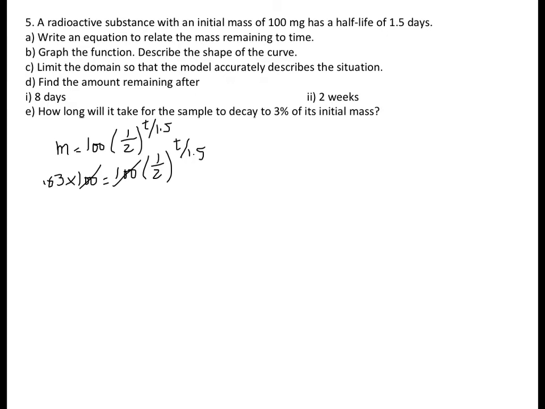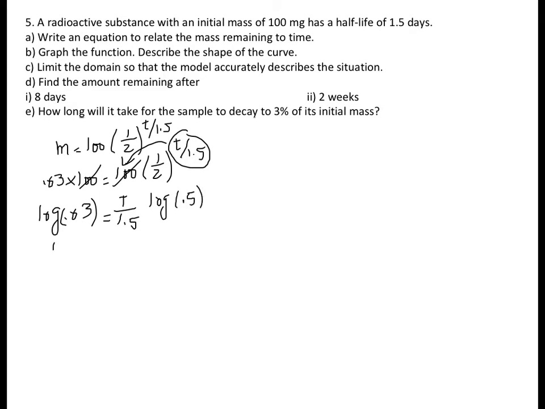So if I take the log of 0.03, I get log 0.03 is equal to, taking the log of the right hand side, I'm going to bring the exponent down. So it becomes t over 1.5 times log of 0.5, 1 over 2.